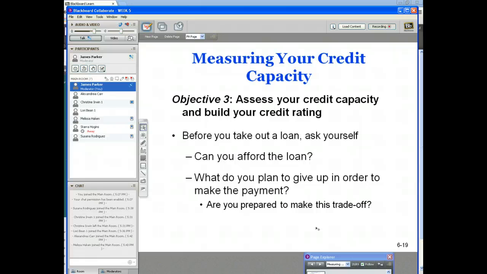Assess your credit capacity. Before you take a loan, can you afford the loan? What do you plan to give up in order to make a payment? This is fairly no-brainer stuff. I mean, if your new car payment's going to be $1,000 a month, and you've got $1,200 total, then yeah, you aren't going to be able to eat.